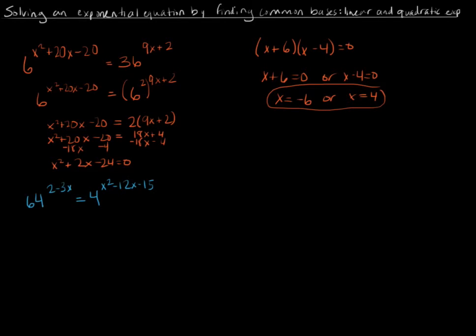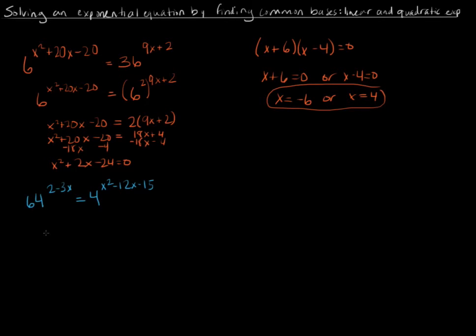Okay. The second one we can solve in a similar fashion. So 64 and 4 are the bases, and we need to find a common base. So luckily 64 is 4 to the third power. If we weren't so lucky, we might actually need to change them both to base 2, and that would work also, but it would be a little bit extra work.